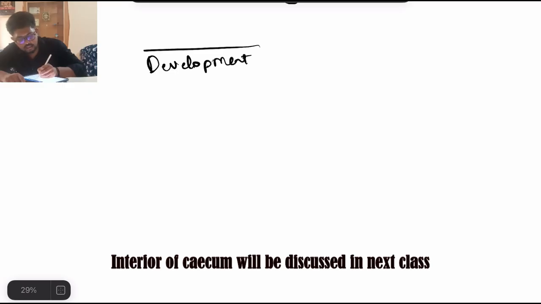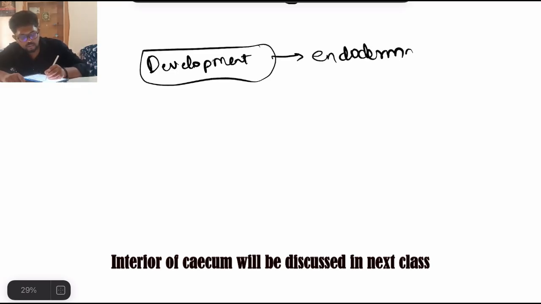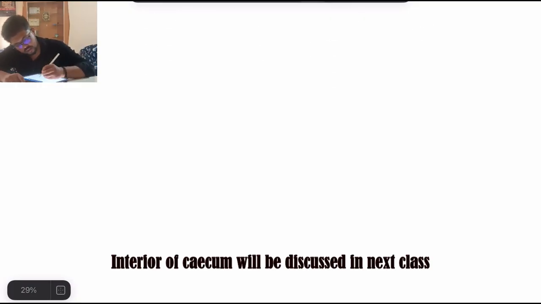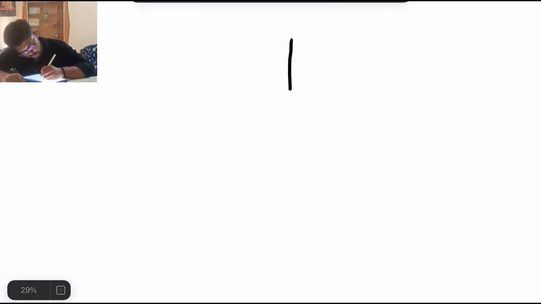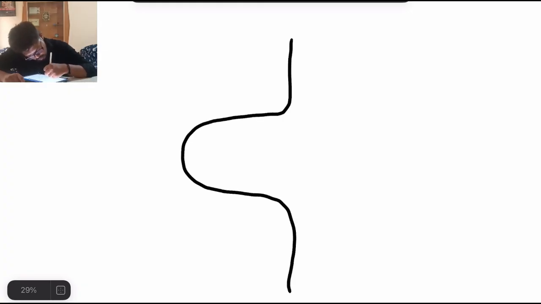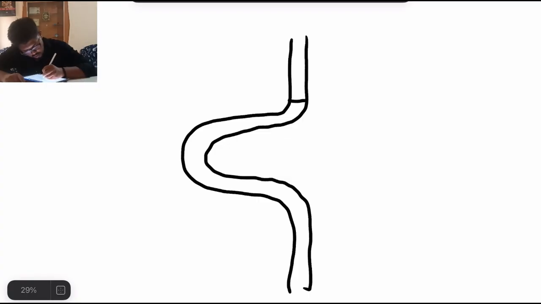Now we'll see the development. How does the cecum develop? The cecum is an endodermal derivative and it is derived from the gut tube. So if I make the gut tube, this part is foregut, this part is midgut, and this part is hindgut.